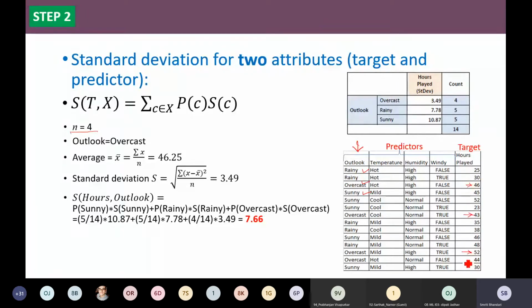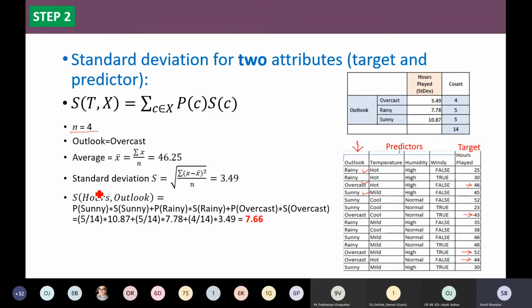Here it is 52 and here it is 44. So we are going to compute the average of these 4 values, right? Average x bar equals summation x divided by n. We are finding the average of these 4 values now and it comes out to be 46.25.